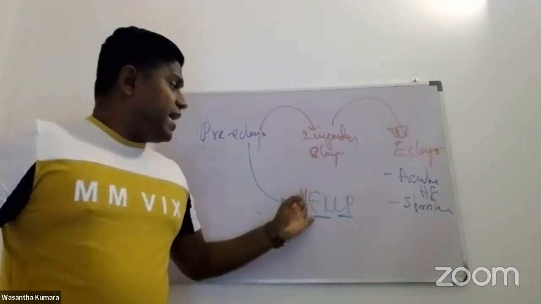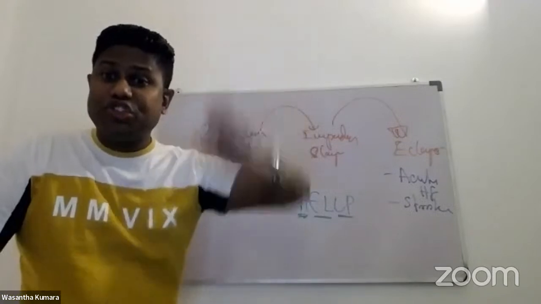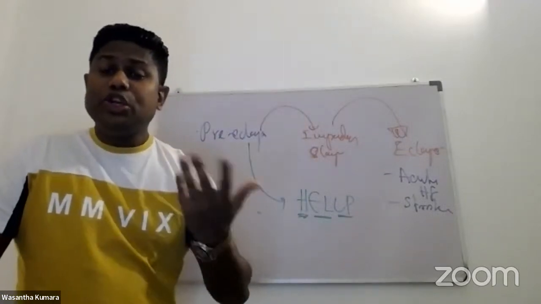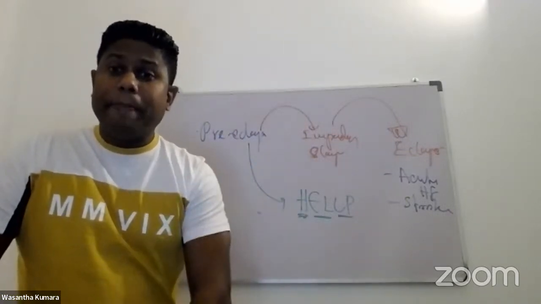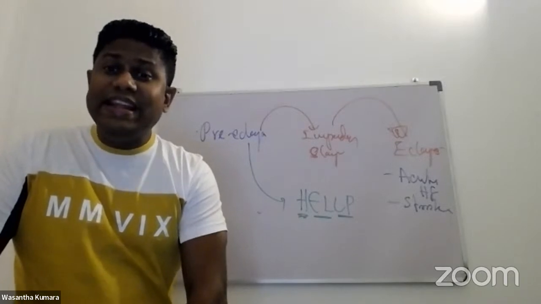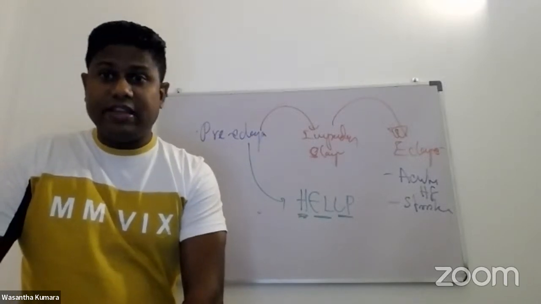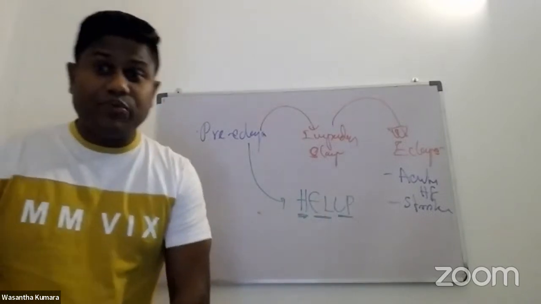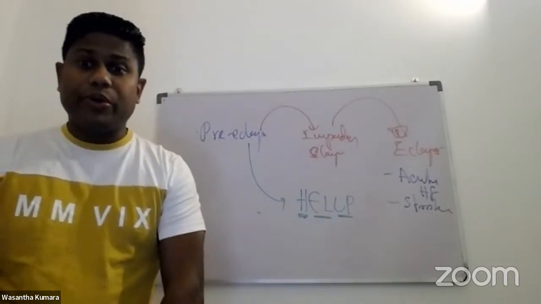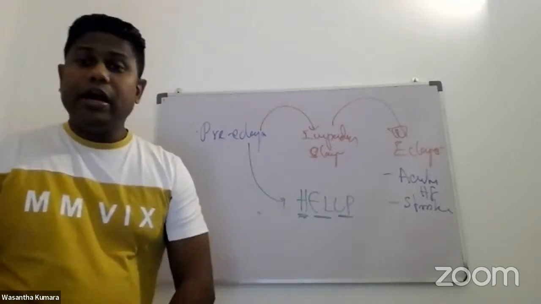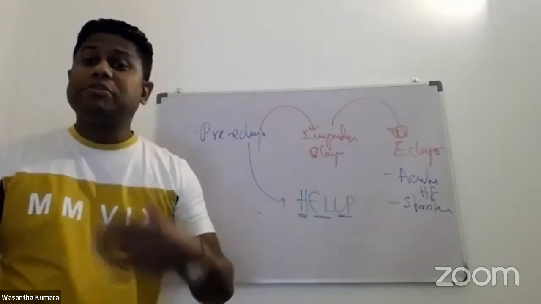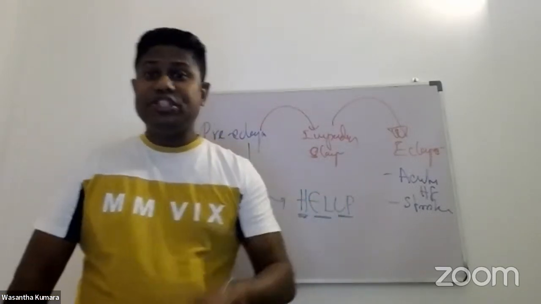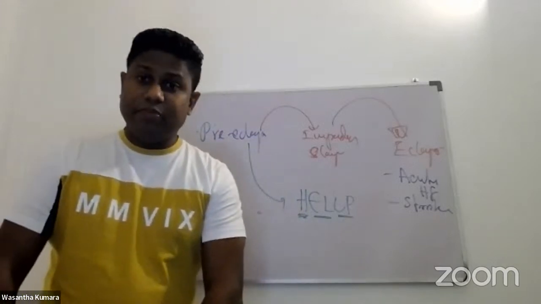There is hemolysis, the hemoglobin level is dropping, and the hemolysis indicators like LDH will be rising. The platelet count will be dropping, which is very important. And liver enzymes may be rising, like SGPT and SGOT levels.